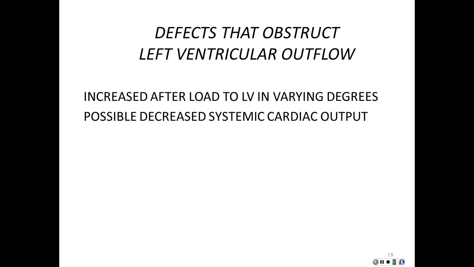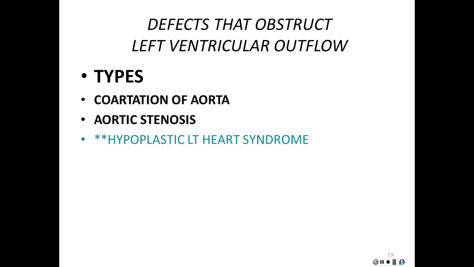The defects that obstruct left ventricular outflow cause increased afterload to the left ventricle in varying degrees, and that degree of obstruction basically plays into what symptoms the child is going to have. What we're looking at is a decrease of systemic cardiac output, less blood, less oxygen, less nutrients getting out to the systemic circulation.